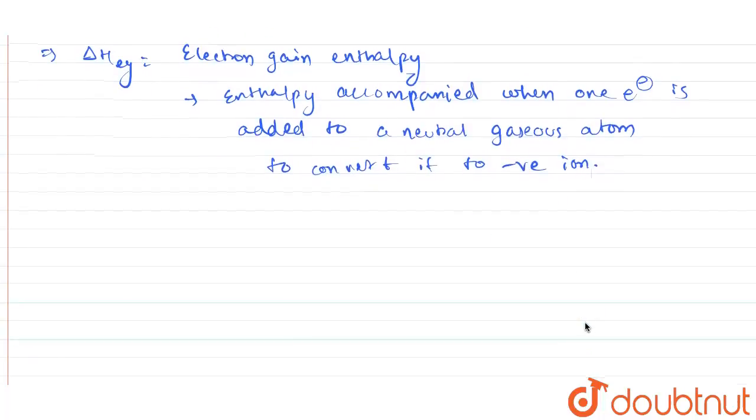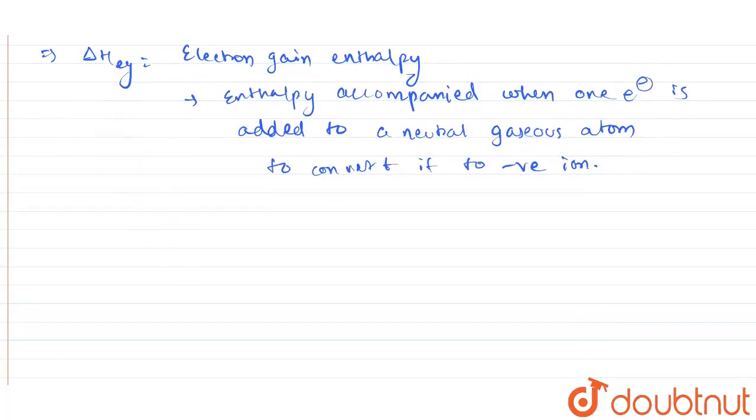So in this case, for the values of electron gain enthalpy, we have the atoms chlorine, fluorine, oxygen and sulfur. For chlorine, the electron gain enthalpy is minus 349 kilojoule per mole. Fluorine it is minus 328. Oxygen it is going to be minus 200, and sulfur it is minus 141.